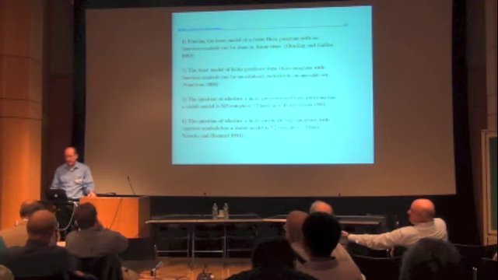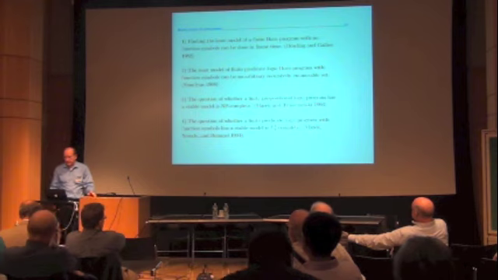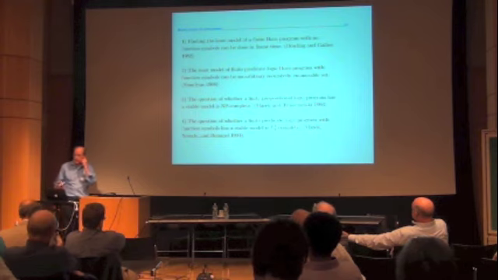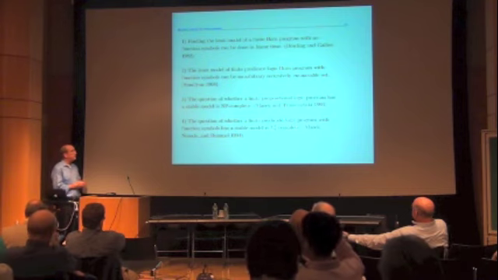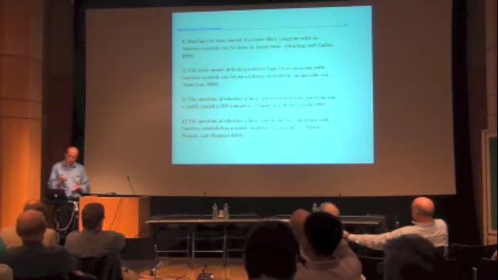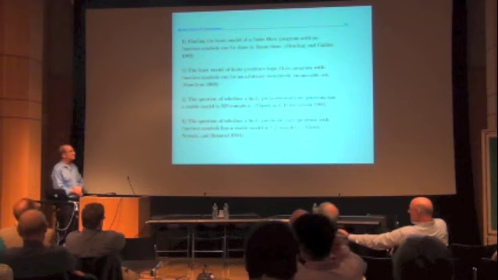It even gets worse when you add negation. So the question is whether a finite propositional program has a stable model, and unlike first order logic, you might not have stable models.